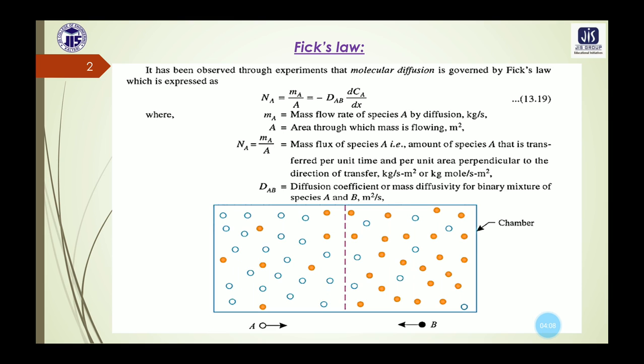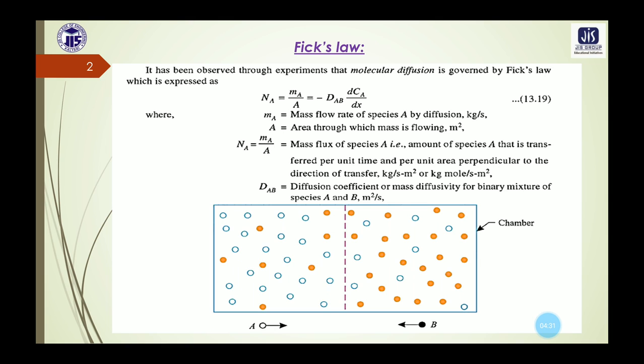Depending on the concentration, temperature or pressure gradients, we have seen that those diffusions are known as thermal diffusion or Knudsen diffusion, then forced diffusion. All these different kinds of diffusion also we have discussed earlier.